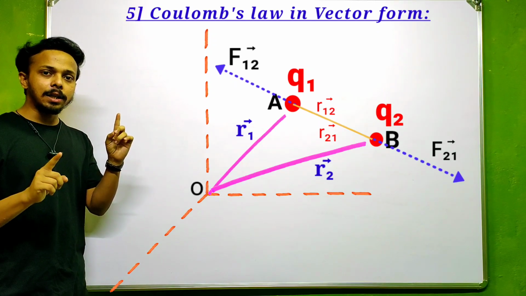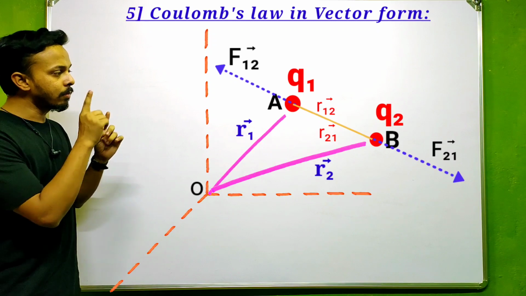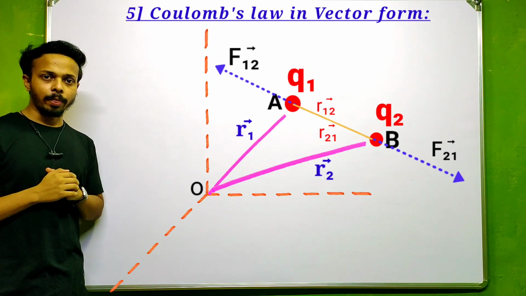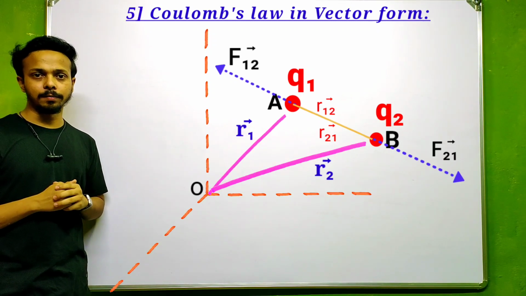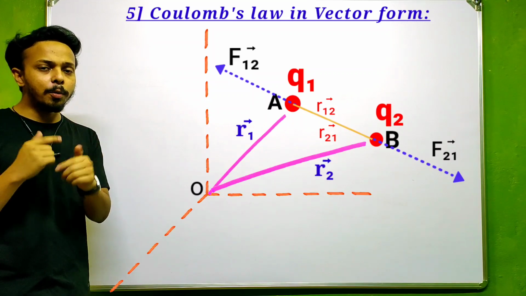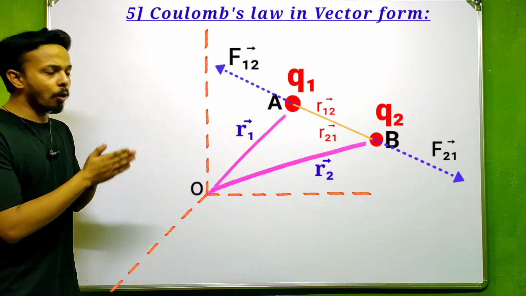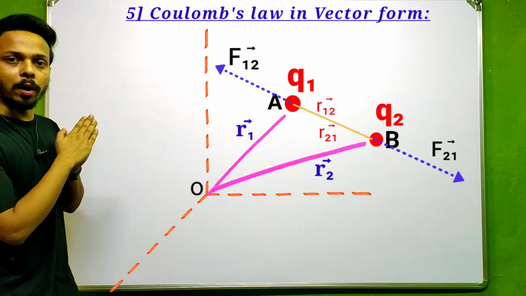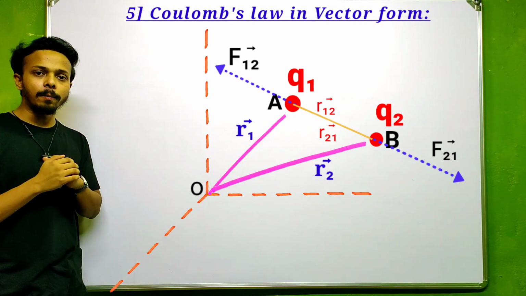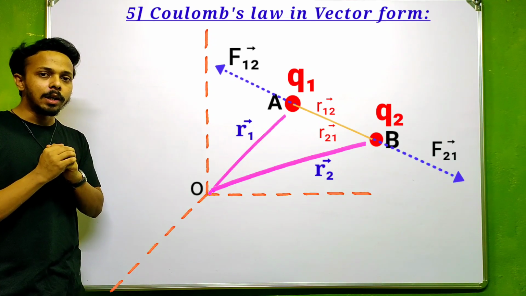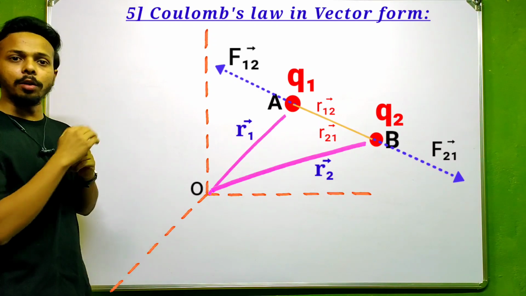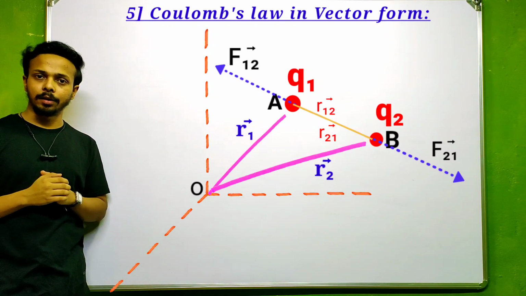In that case, the distance you have to consider is from q2 to q1, that is r21. And suppose you are calculating the force on q2 because of q1, which is known as F21. At that time the distance you have to take is from q1 to q2, that is r12.